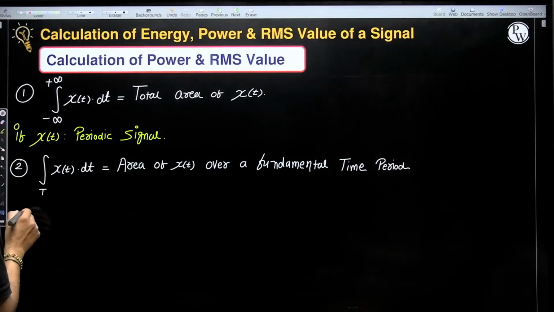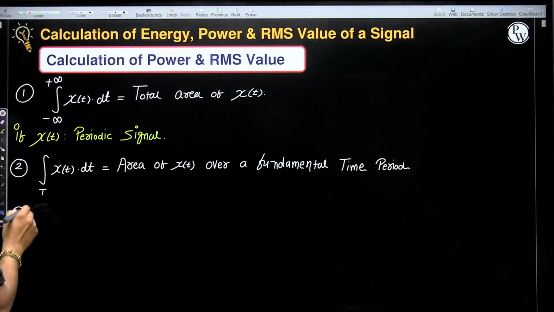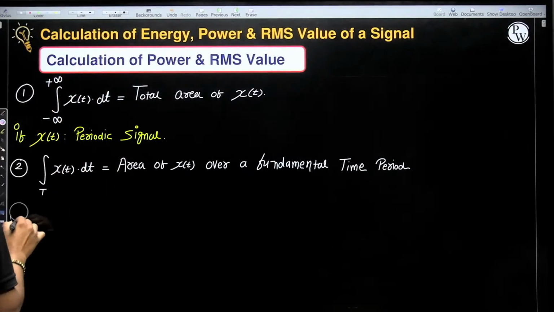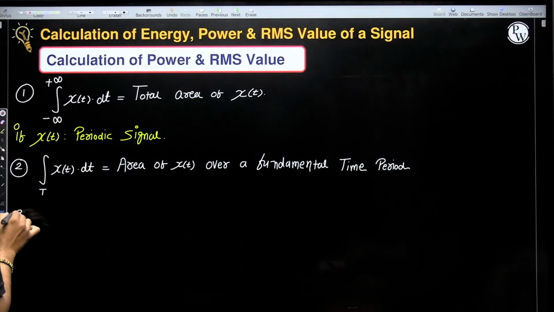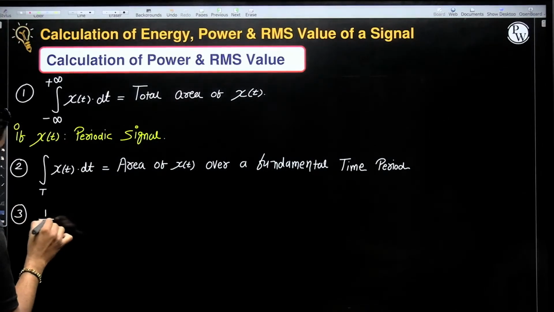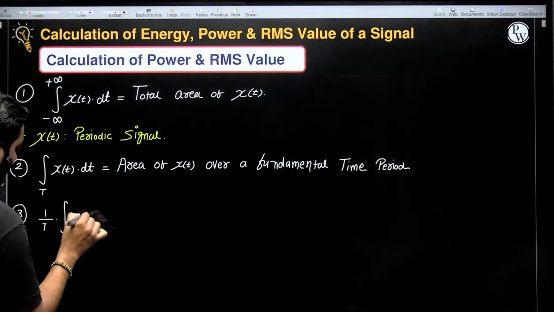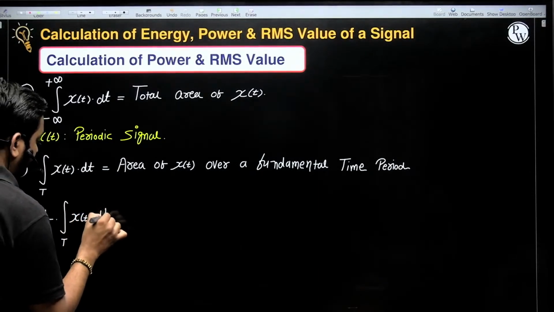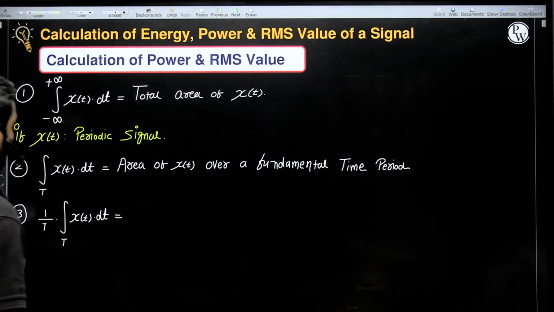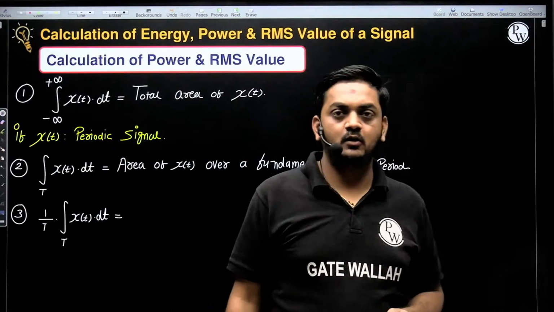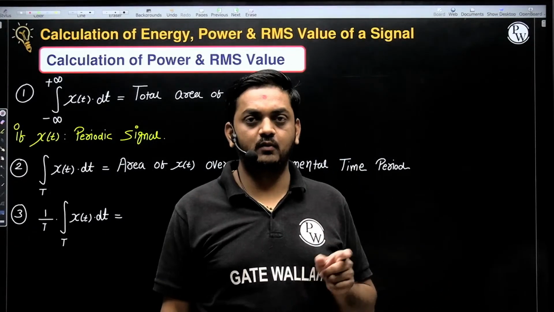Now next, if you divide this integration by the fundamental time period, capital T, that is 1 by T into the integration of x of t over a fundamental time period, then this is known as what? Average value, DC value or mean value.